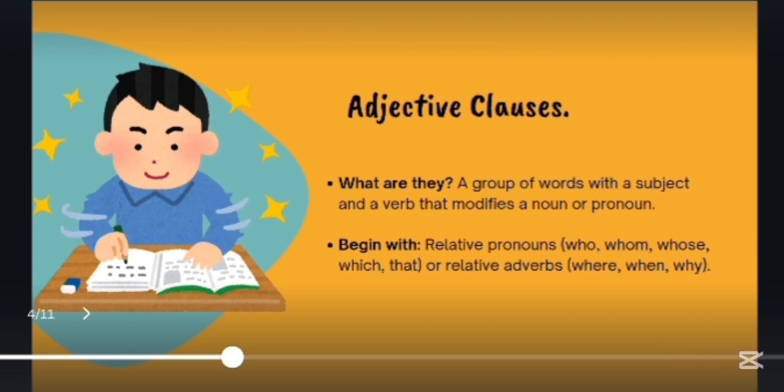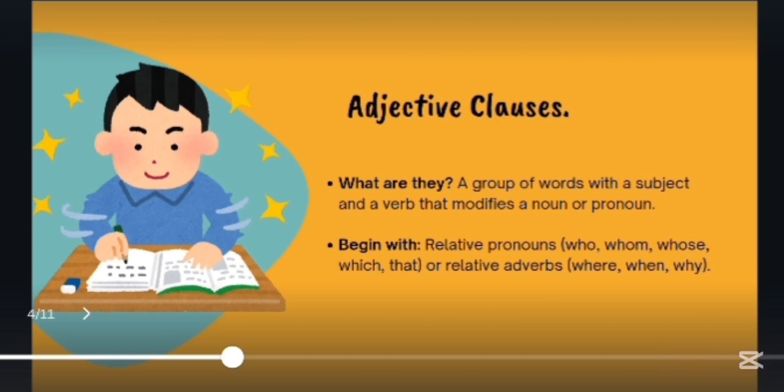So let's look at the adjective clauses, also known as relative clauses. These clauses have the function of describing or giving more information about a noun or a pronoun in the main sentence. They often begin with a word like that, who, whom, which, where, or when.